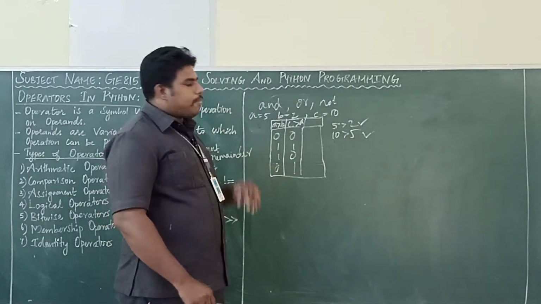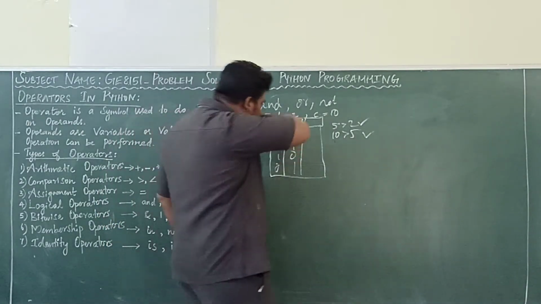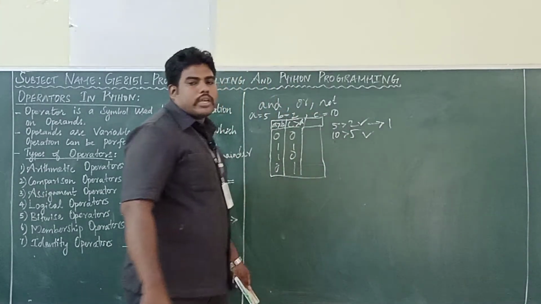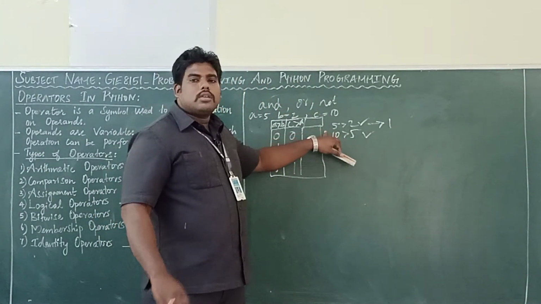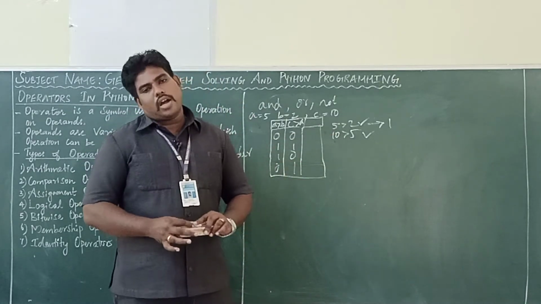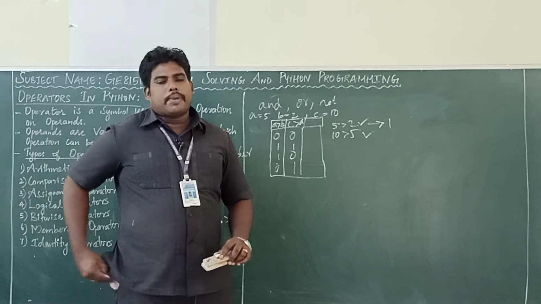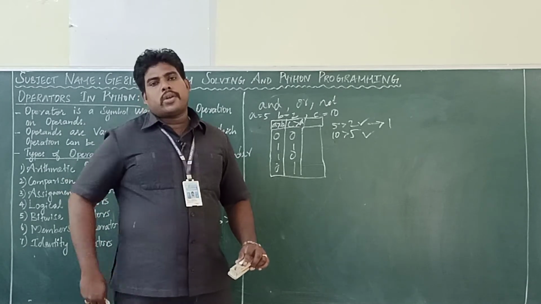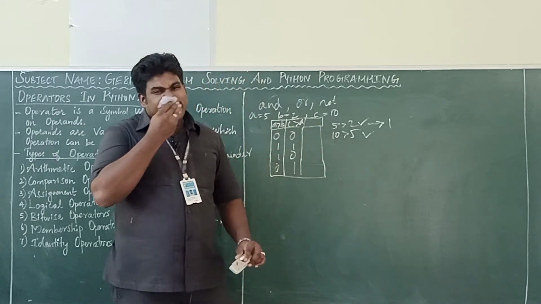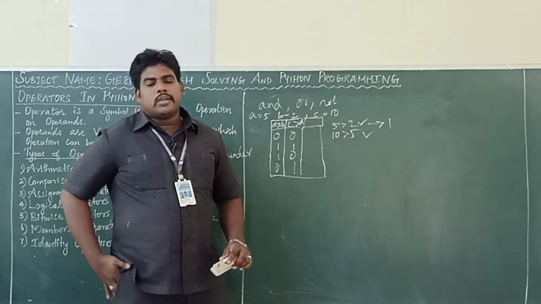So in programming, if a condition is true, it is represented with 1. Normally, you studied two Boolean values, true and false. One is true, another one is false. So if the condition is true, we mention 1; 1 is nothing but true.